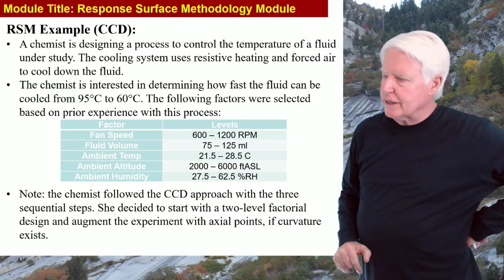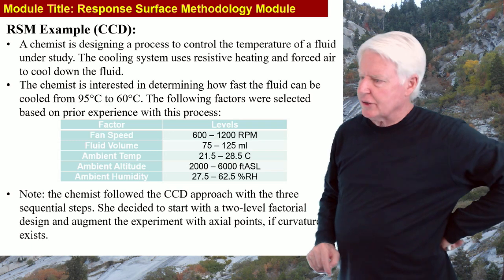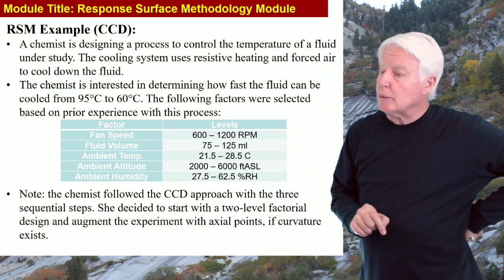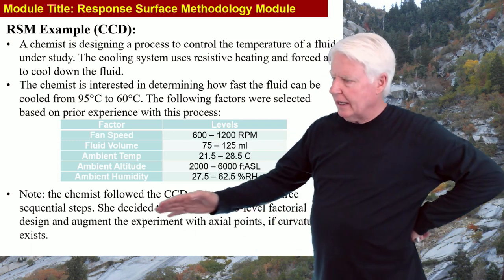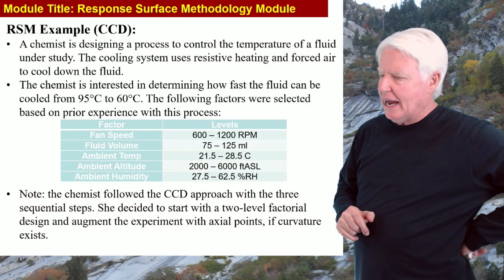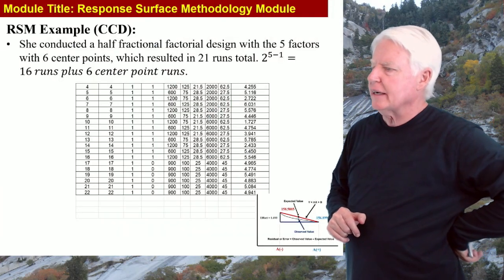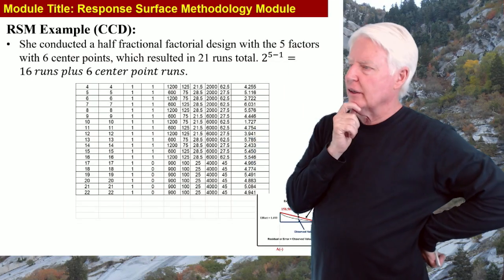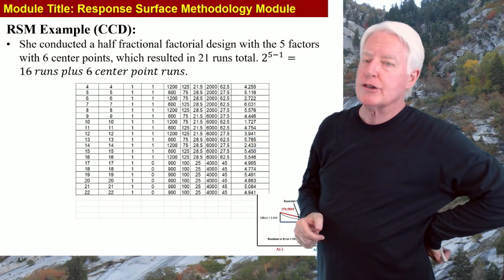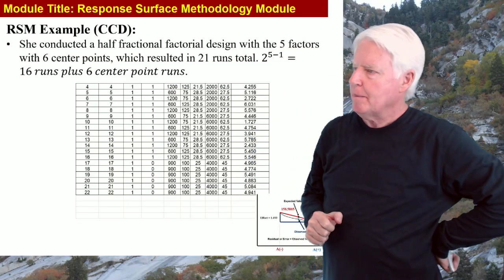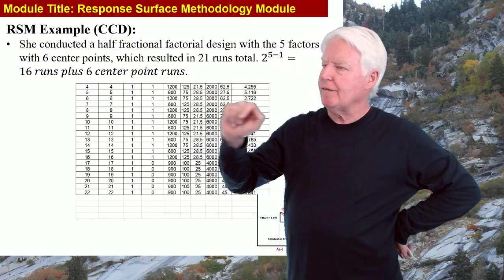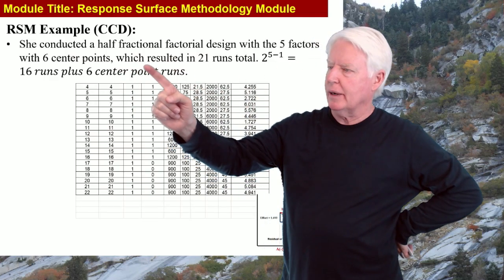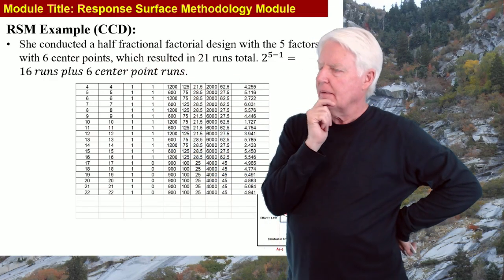Note the chemist followed the CCD approach with 3 sequential steps. She decided to start with a 2-level factorial design and augment the experiment with axial points if curvature exists. She conducted a half-fractional factorial design to get her first-order equation, remember. A design with 5 factors with 6 center points. That sounds pretty good.